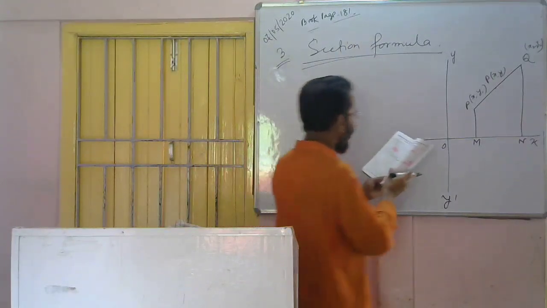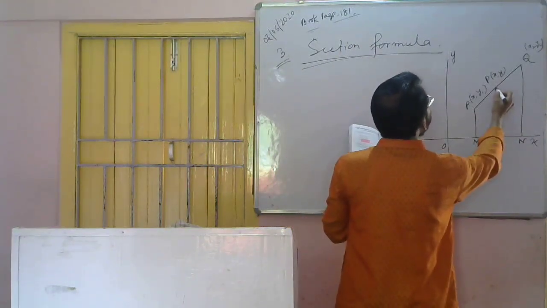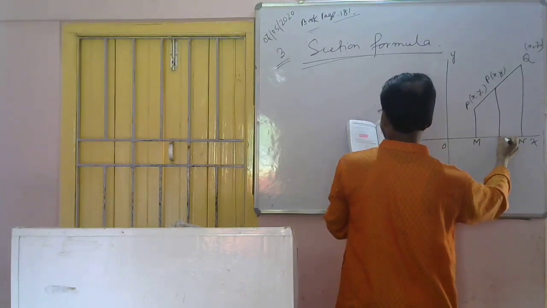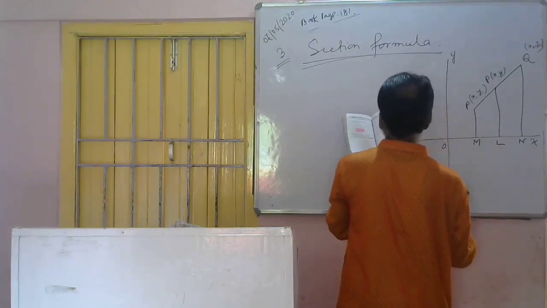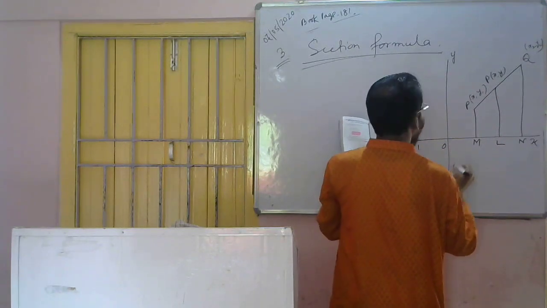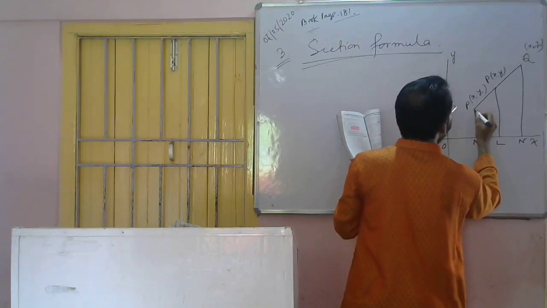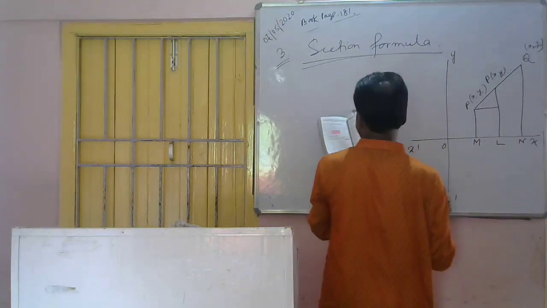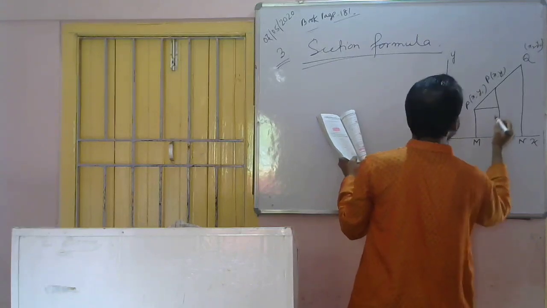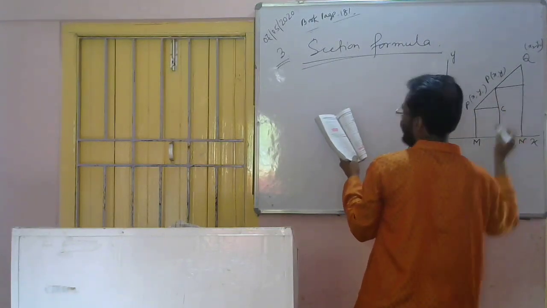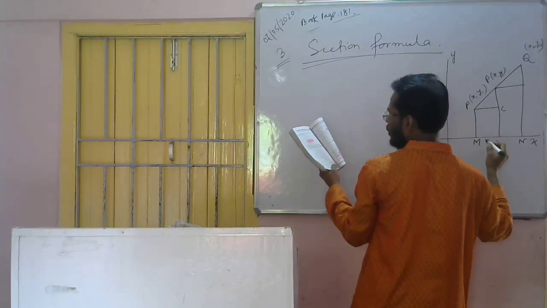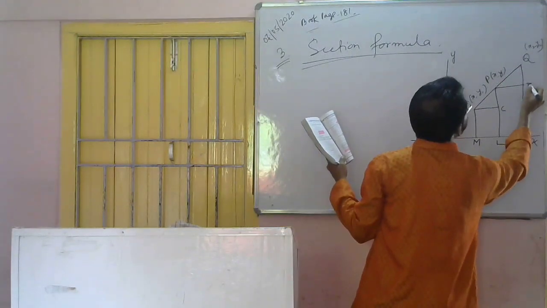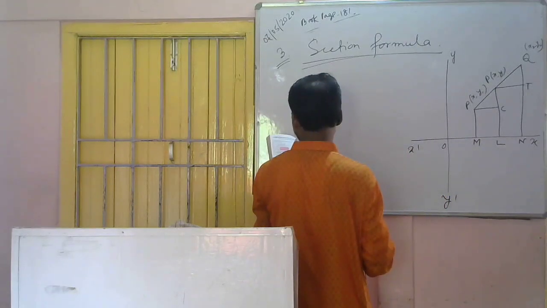From this point also we draw a perpendicular. This is L, and as earlier we draw a perpendicular here.